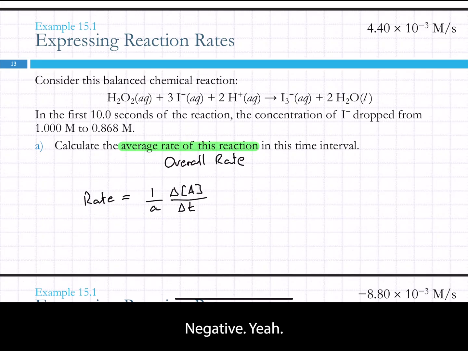Negative. It's negative because we're calculating the rate based on one of the reactants, so it will be used up. So we put a negative sign into the equation.